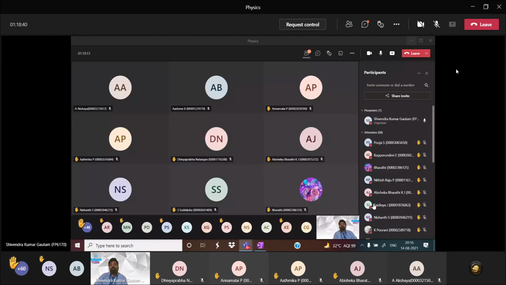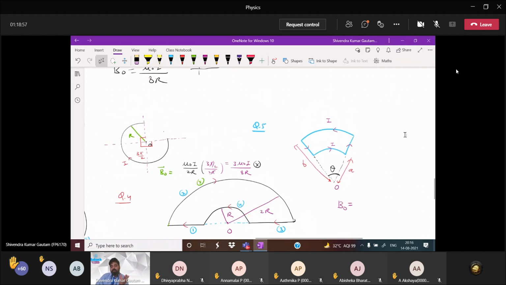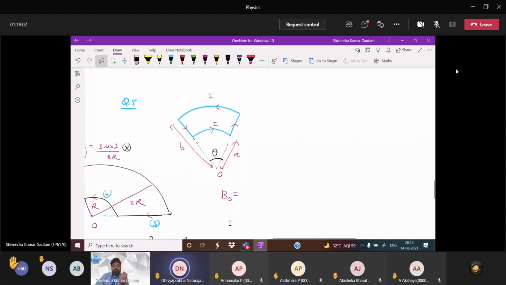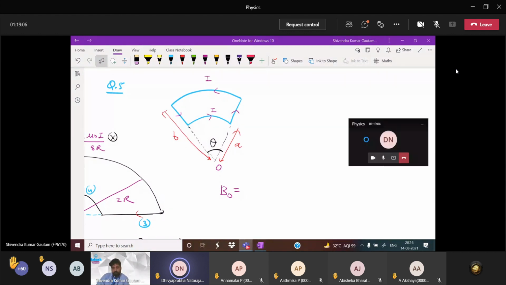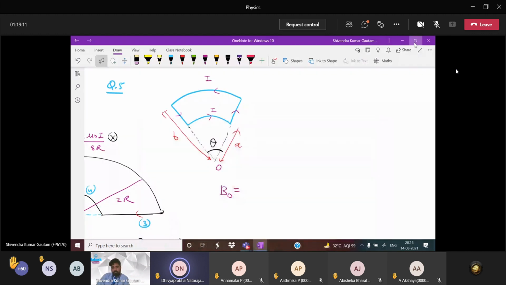How many of you are clear with this fourth question? The small mistake will be in the radius: you have to see that the inner one has radius R, the outer one has radius 2R. Fifth question, we'll see who will answer. Everybody try this fifth question. Sir, mu naught I into theta by 2 pi outward minus mu naught I by 2a into theta by 2 pi inward. Okay.